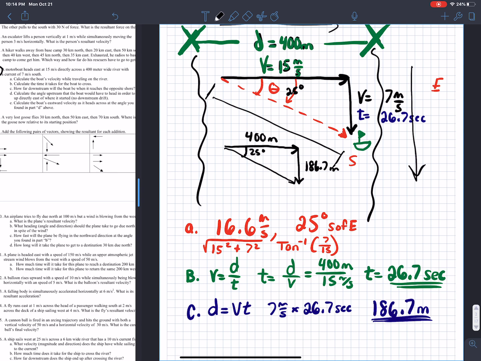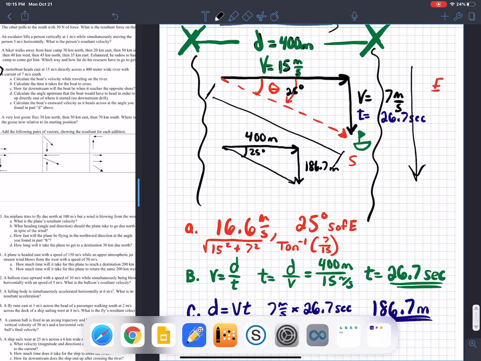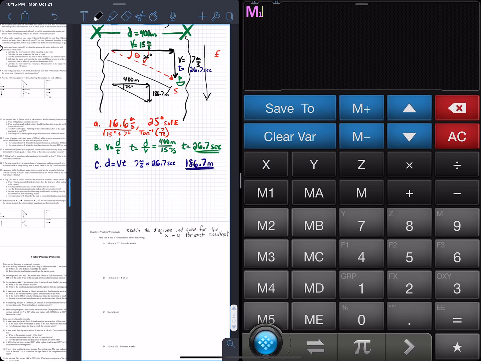So in this case, you could use sine to figure out what the hypotenuse of your distance diagram would be. You could use cosine to figure it out. You could use the Pythagorean to figure it out. So I'm going to choose to use the Pythagorean.